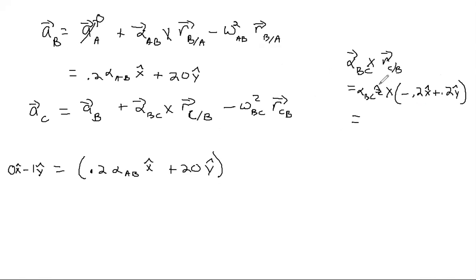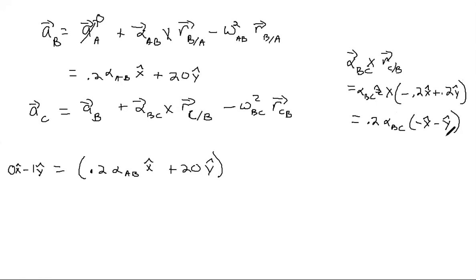So I'm going to have z hat cross x hat. That's a positive y hat, but there's a minus on here, so I get a negative y hat piece. And then z hat cross y hat is negative x hat. So both are negative when we're all done. So this is going to be 0.2 alpha BC times negative x hat minus y hat.